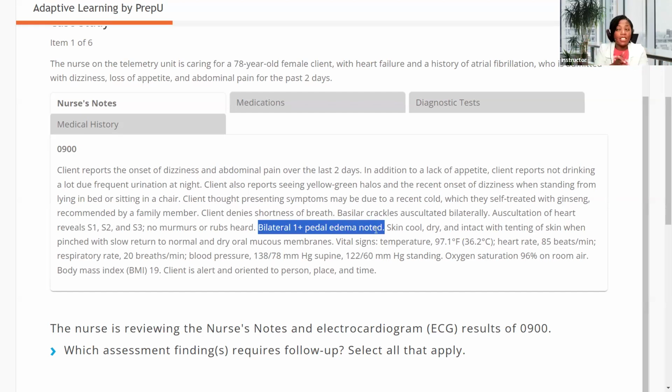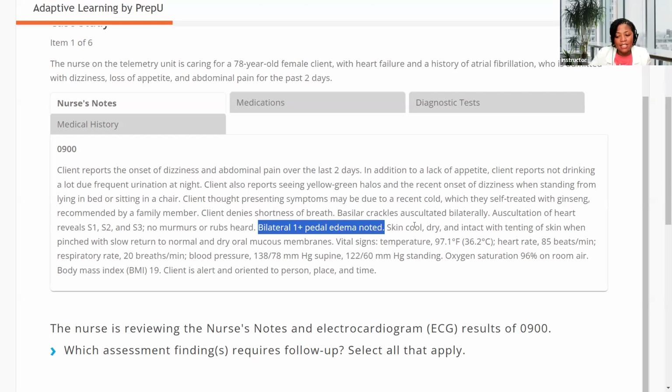So now we've got some edema, okay, that's in the system. So this patient probably has left and right side heart failure, right? The left side is more of the crackles that we hear, right? That back up into the lung, but the right side heart failure is the back up into the system. So we start seeing edema and so forth. So they have a heart that's not pumping well at all.